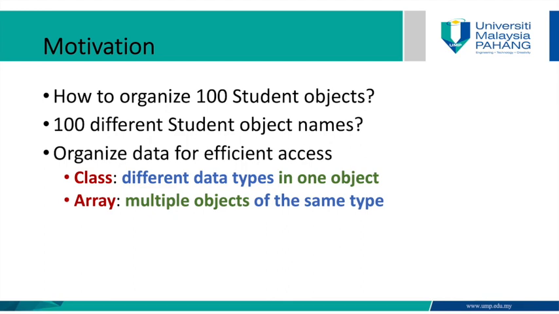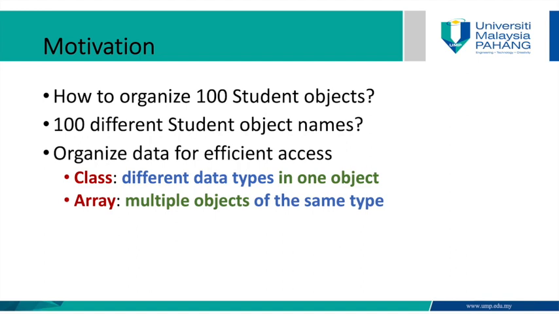For example, if we have 100 different student objects, array will make it easier for you to access a specific student, to search, and also to delete and add data to the array. When you use array, it can hold multiple objects of the same type.